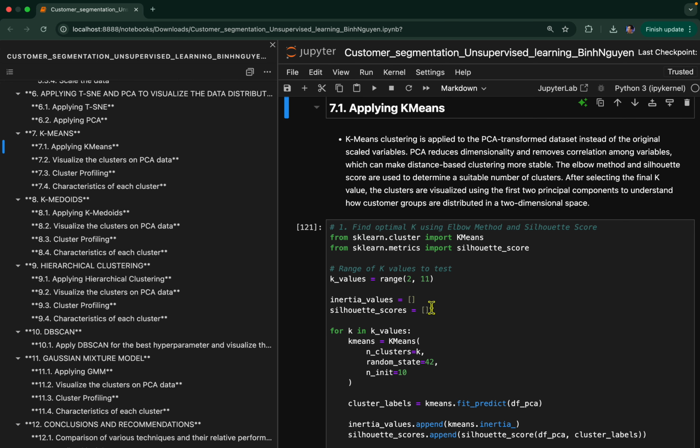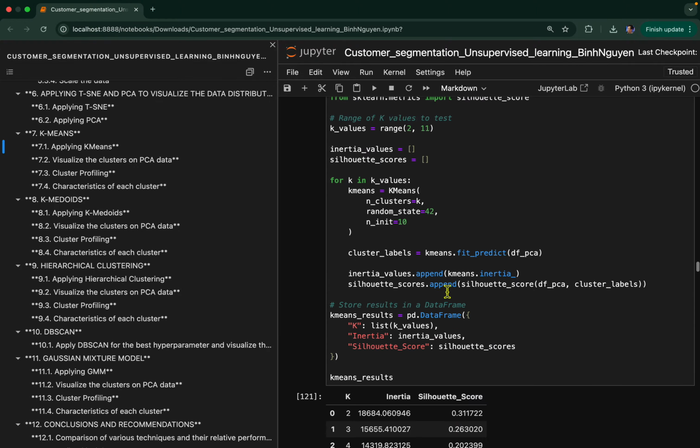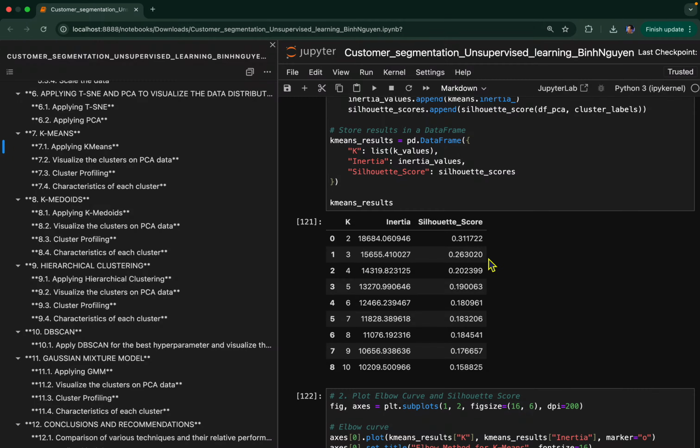I think it's not comprehensive because I only select a range of the hyperparameters. For example, for k-means I only choose k from 2 to 11, as long as I feel it is reasonable. Then I compare the models and select the hyperparameters that make the most sense.